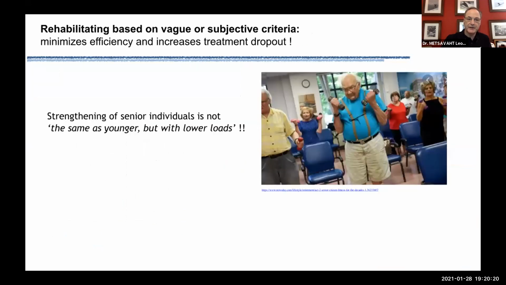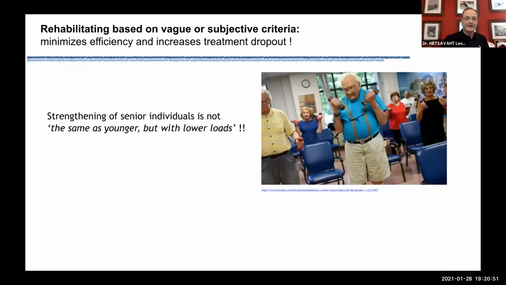But the problem is that strengthening of senior individuals is not the same as younger, but with lower loads. That's one of the biggest mistakes we see: whenever we send our patient for strengthening, the PT or the trainer simply does absolutely the same thing he does with a young patient, but with lower loads.